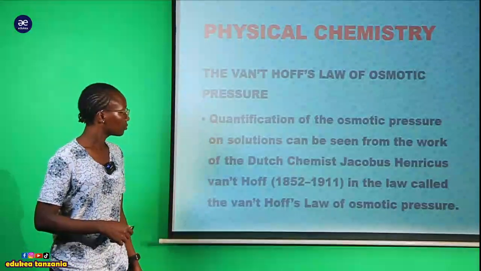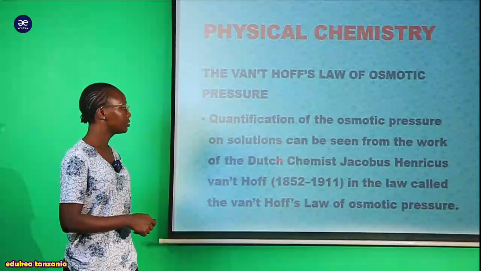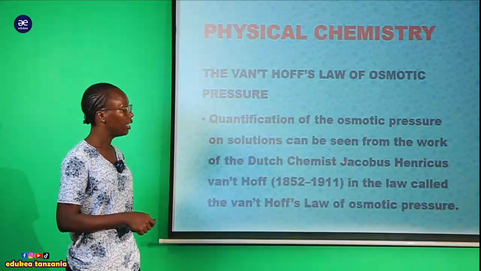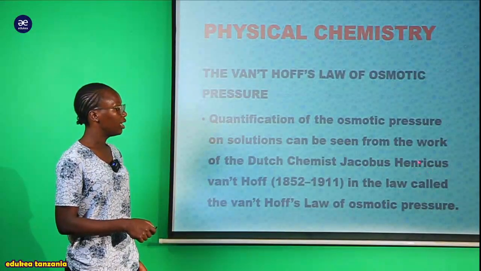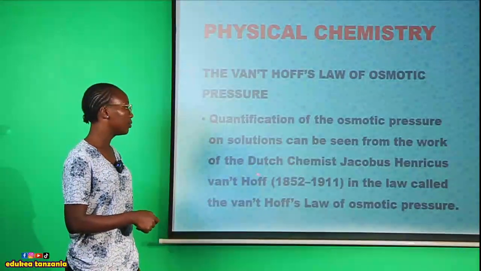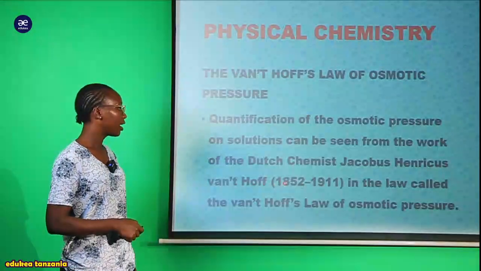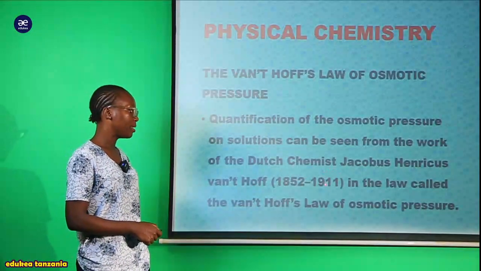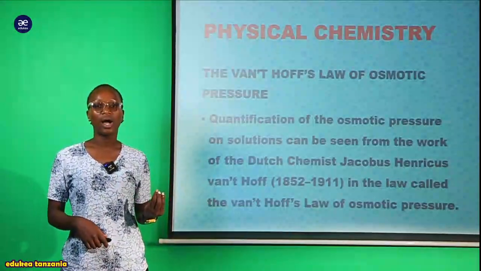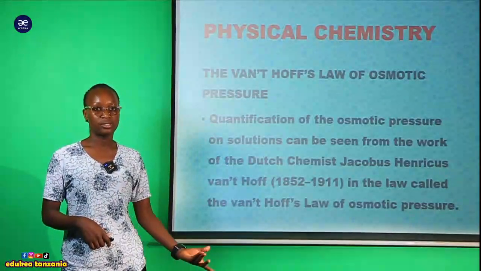Here we are going to see the quantification of osmotic pressure in solution. It can be seen from the work of the Dutch chemist Jacobus Henricus van 't Hoff. He was a chemist from the Dutch, from 1852 to 1911. Remember, these experts came with their ideas, which were proved, experiments were done and written down, which is why we study them.